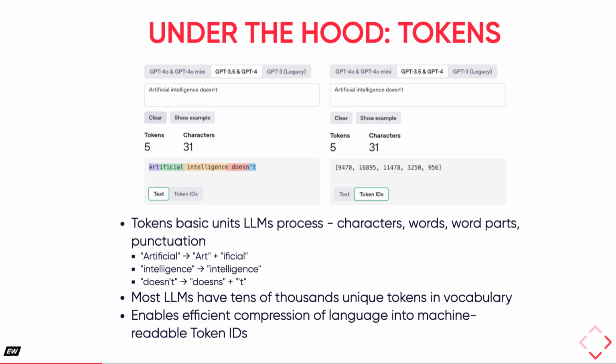The phrase "artificial intelligence doesn't" is shown here as being broken into 5 tokens. Most LLMs have a vocabulary of tens of thousands of unique tokens learned during pre-training. This system allows for efficient compression of language into machine-readable token IDs, which are numerical representations, as shown on the right. The LLM then operates on these numerical IDs.